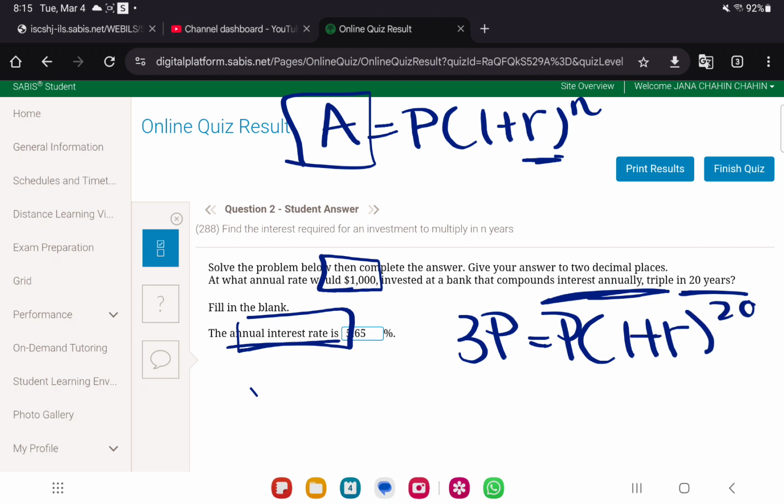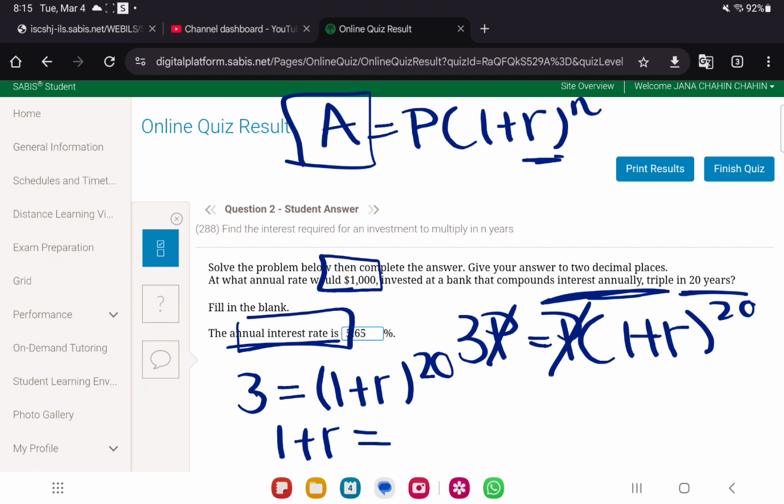Then you can cancel P and P, so it's 3 equals (1 plus R) to the power of 20. Move the power of 20 to the other side, and it becomes 1 plus R equals the 20th root of 3. Then R equals the 20th root of 3 minus 1.